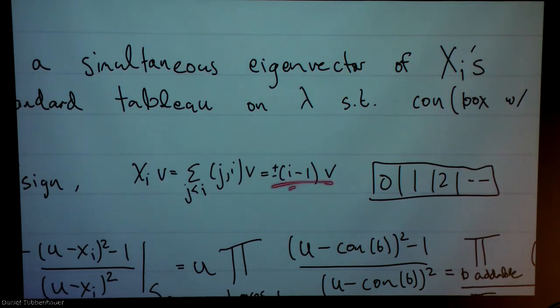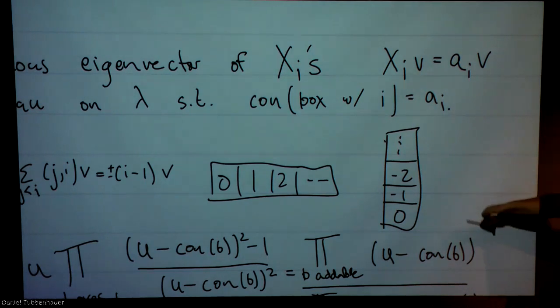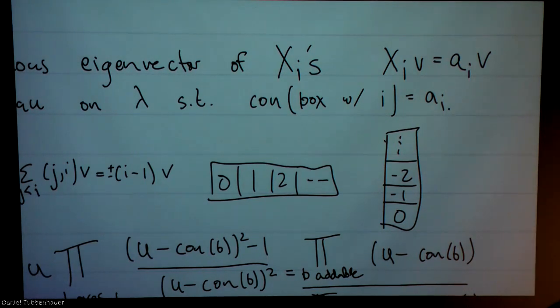So in the trivial representation, it acts by multiplication by i minus 1. In the sign representation, it acts by multiplication by minus (i minus 1). And then here is the single row, which corresponds to the trivial. Here's the single column, which corresponds to the sign. I know that's actually not true because this guy is p-regular, but bear with me.